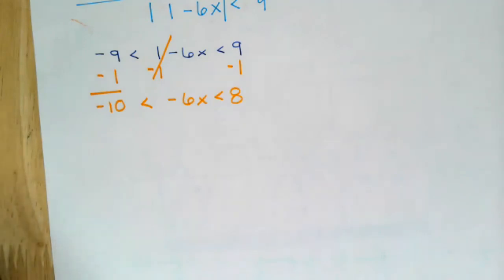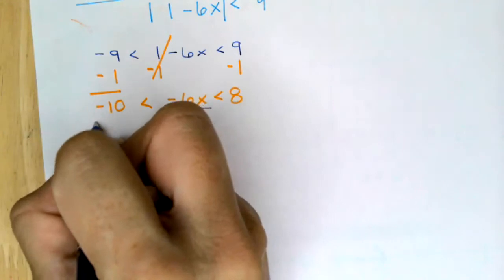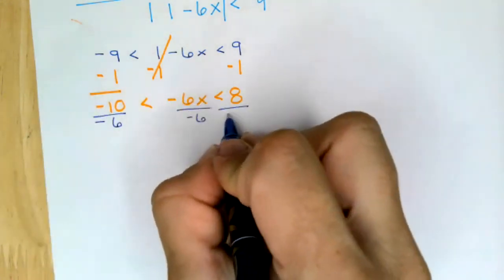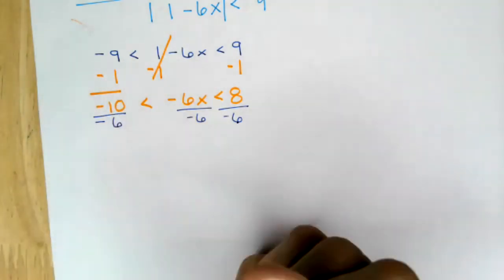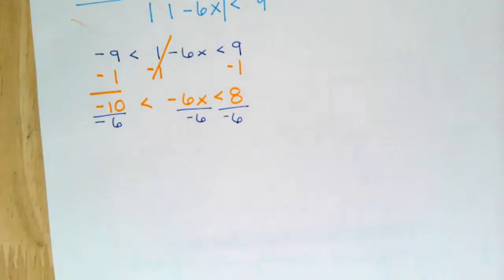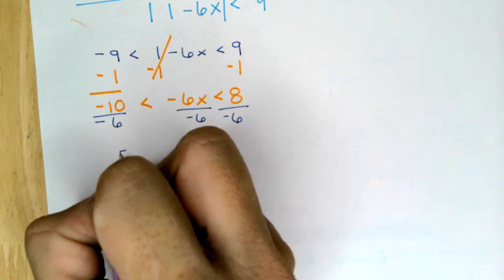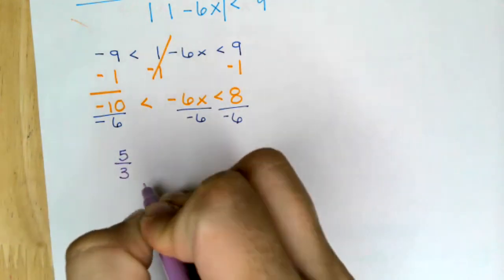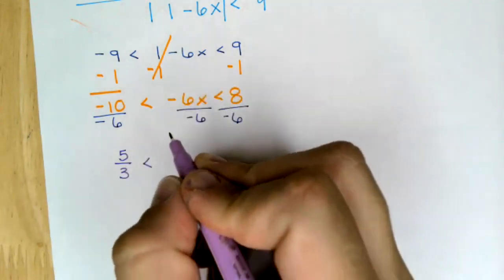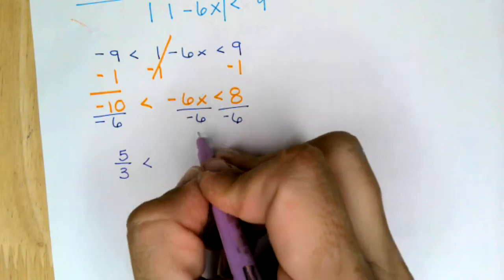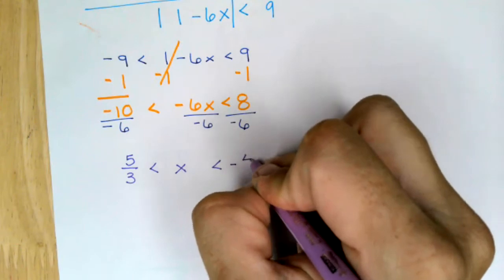Now I need to divide by -6. -10 divided by -6, you can divide both of those by 2, so that becomes 5/3, and it's positive because a negative divided by a negative is a positive, is less than x, since 6 divided by 6 is just x. And then 8 divided by -6 becomes -4/3.